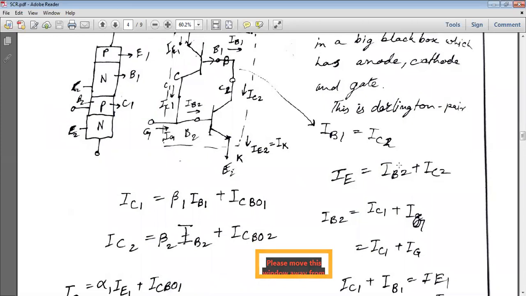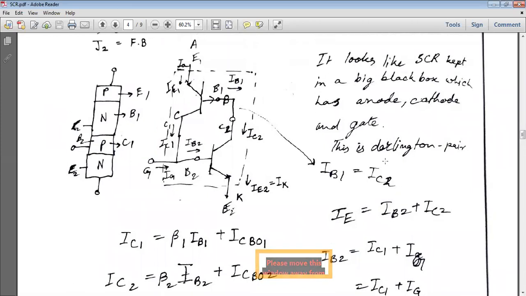Now here you can see in this picture, the current is coming out from IA. For the first transistor it is the anode current IA, and the base current is IB1, and for the second transistor it is IC2, IB2, and another is IE2. So these are the three currents.